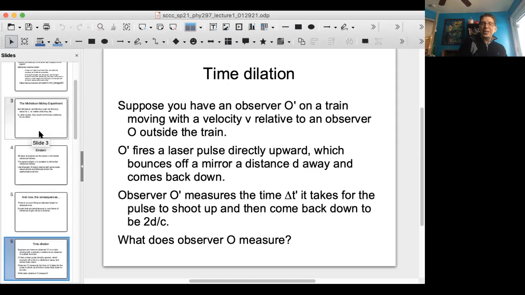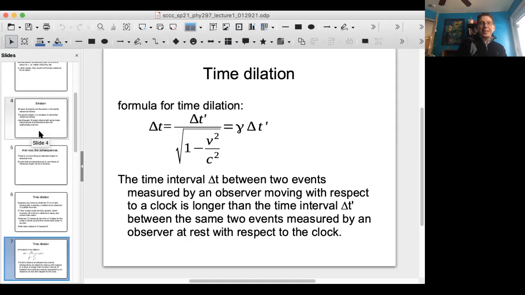The first consequence is called time dilation. The time interval between two events measured by an observer moving with respect to the clock is going to be longer than the time between the same two events measured by an observer at rest with respect to the clock.